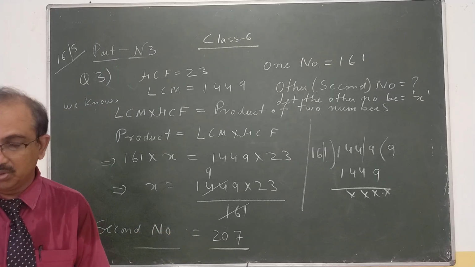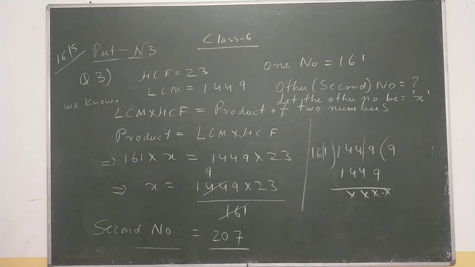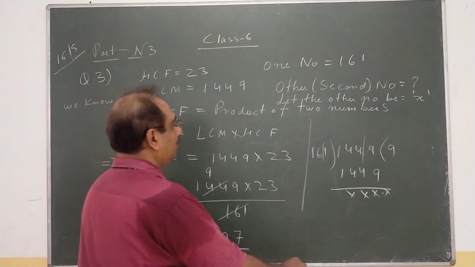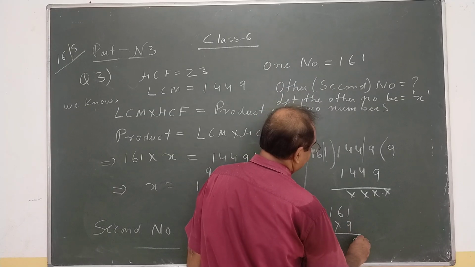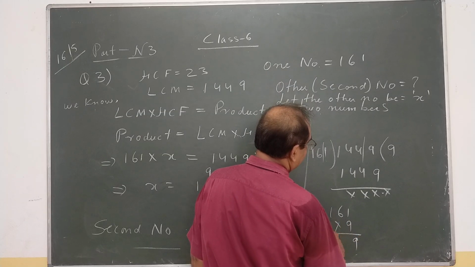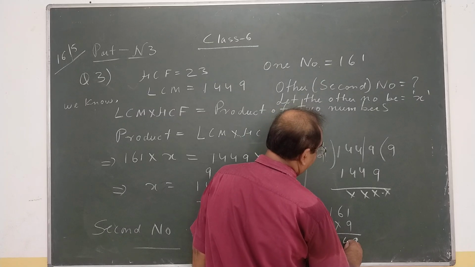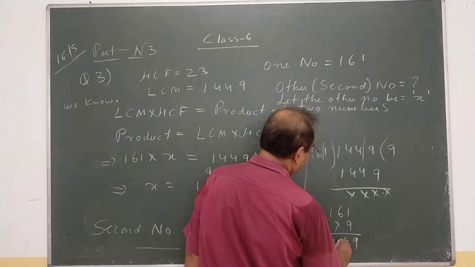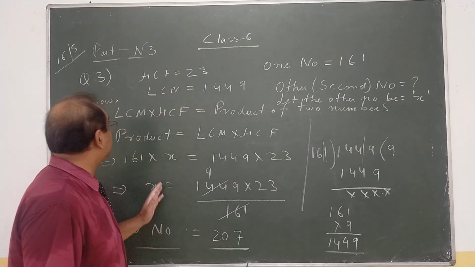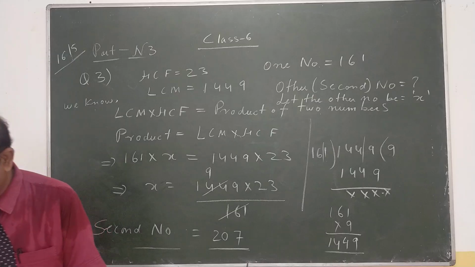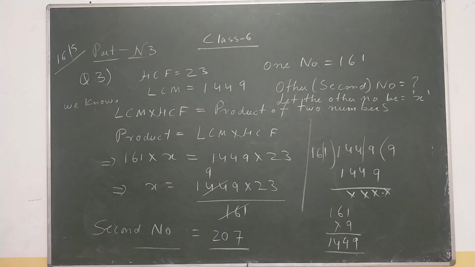Okay, so this is how we divide. If you have a problem, you can multiply 161 with 9 and see. 9 6s are 54, 5. Okay, we get 1449. So this was question 3. Kindly pause the video and copy.